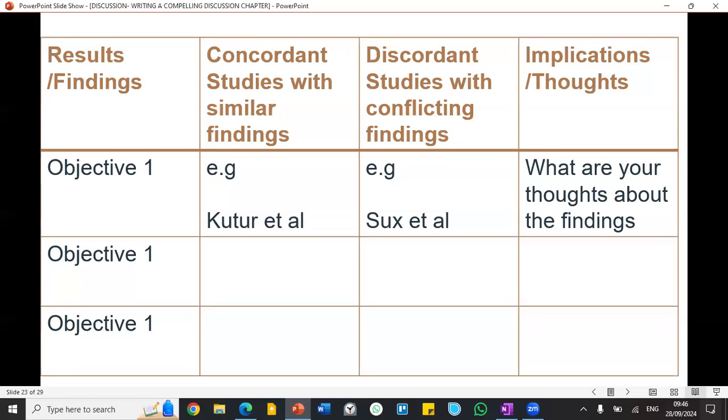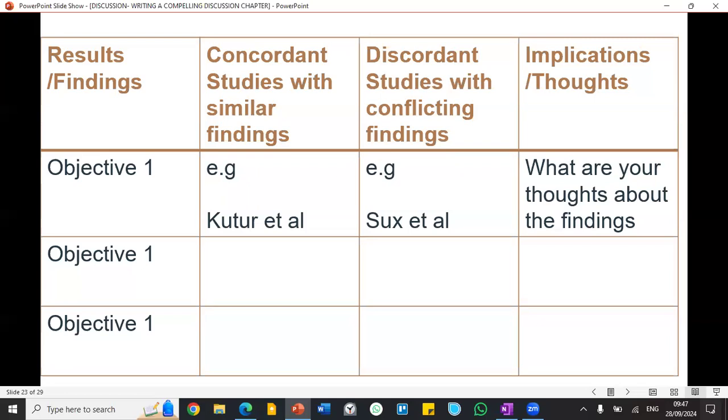Now, in your thoughts here, you try to look for more literature that supports your finding, or you give your thoughts. Females may have poor adherence maybe because of age, or from your interaction with the participants, you can associate it with the daily activities they are involved in, maybe hormonal issues.